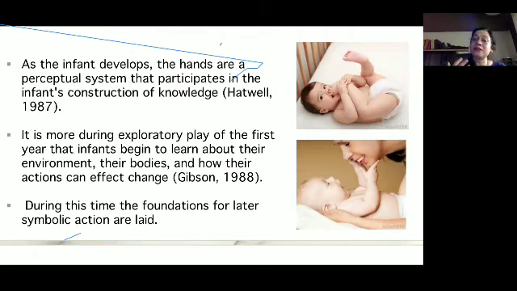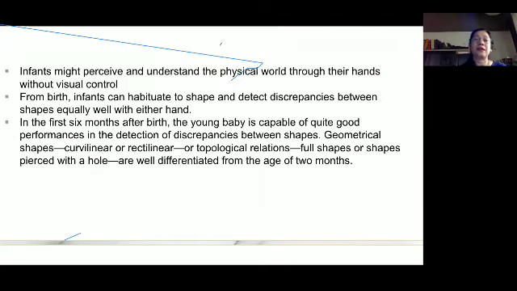Unless the mother teaches the baby to play with her, to play with himself, the foundations of haptic perception are not laid. The infants might perceive and understand the physical world through their hands without visual control. From birth, infants can habituate to shape and detect discrepancies between shapes equally well with the other hand.